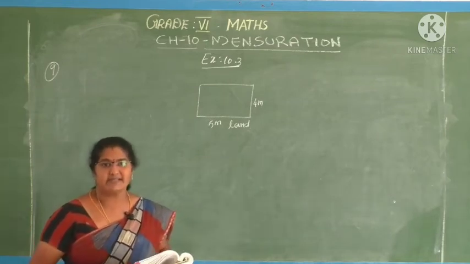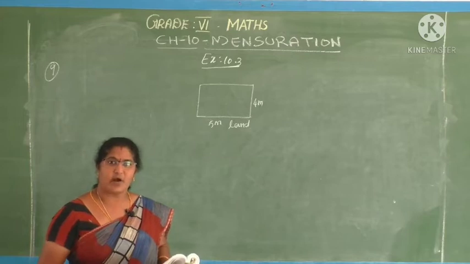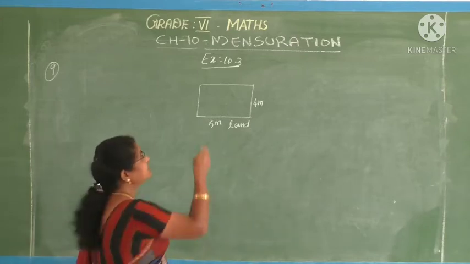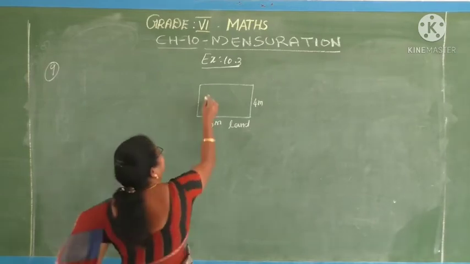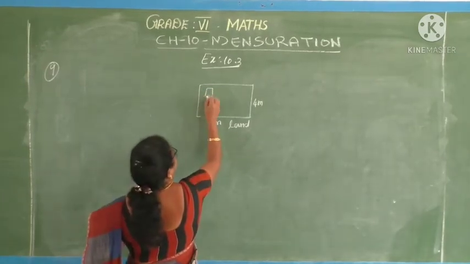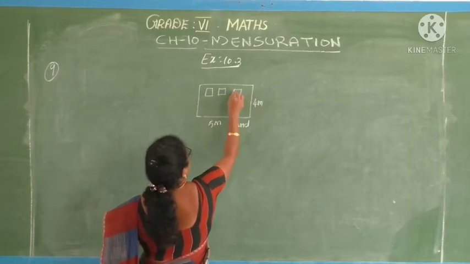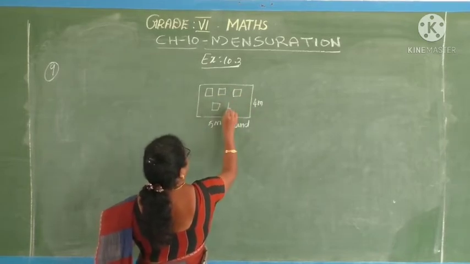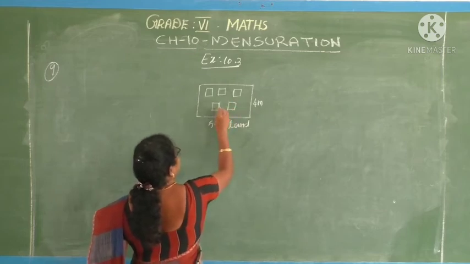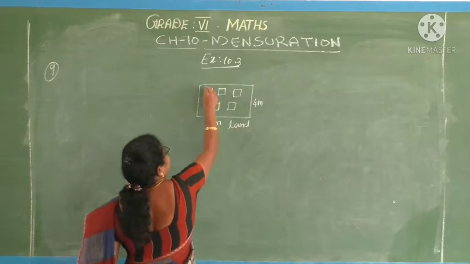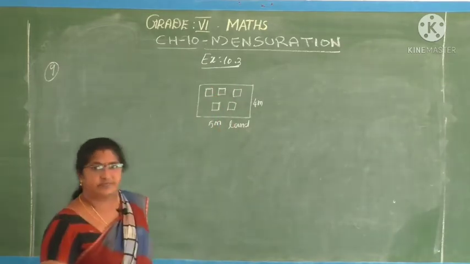So square flower beds of side 1 meter are dug in this land. So here 1, 2, 3, 4, 5. Likewise 5 square flower beds are dug out.